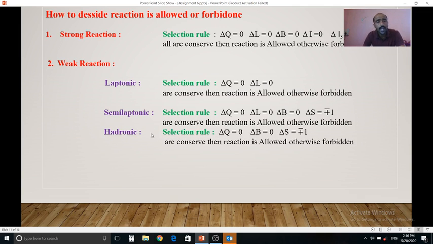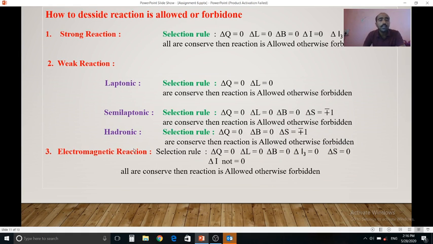Hadronic. In hadronic reaction, we use the selection rule: del Q is equal to 0, del B is equal to 0, del S is equal to plus or minus 1. If all are conserved, then the given reaction is allowed, otherwise forbidden. In electromagnetic reaction, use the selection rule: del Q is equal to 0, del L is equal to 0, del B is equal to 0, del I3 is equal to 0, del S is equal to 0.